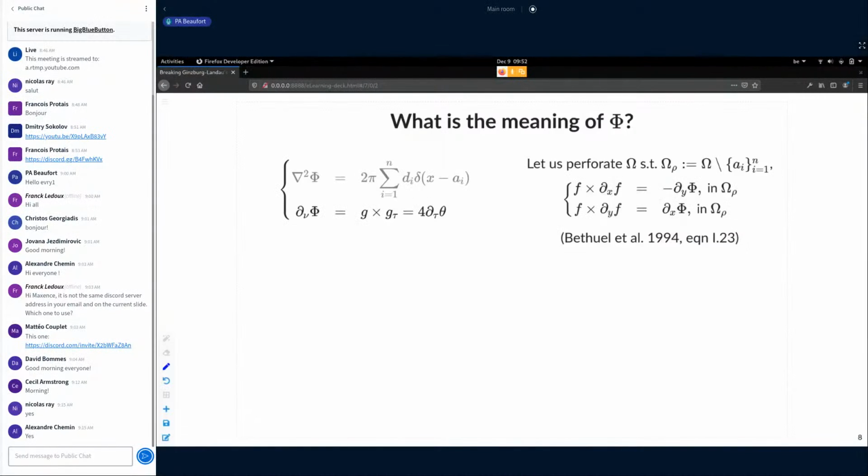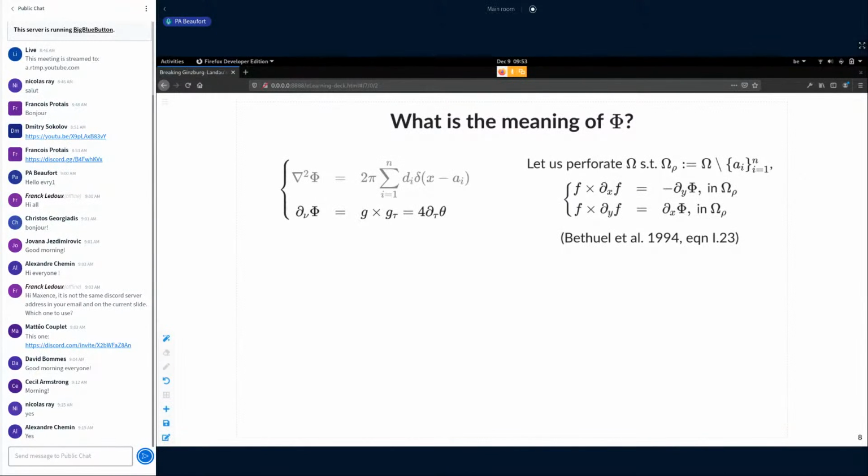But still, we don't know what it is exactly. Okay, it is a dual function of our Ginzburg-Landau functional, but what does it represent? So we need to work out a bit the boundary condition in our case, and we are going to extend it within the full domain, or at least almost everywhere, because we are going to perforate, to dig holes in our domain around the critical points.